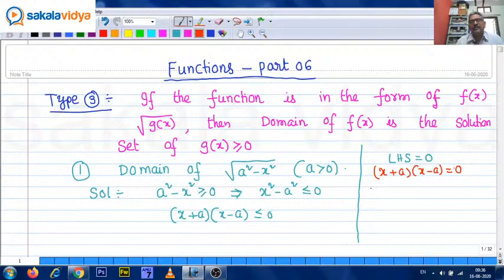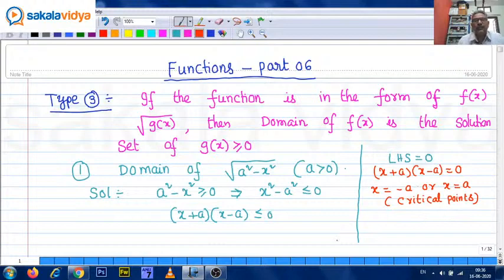So we get x is equal to minus a or x is equal to a. These are called critical points, but it's not required for the concept. Now, as we know the critical points, sir, are domain and range the same? No, they are different, I will discuss later. Don't worry.